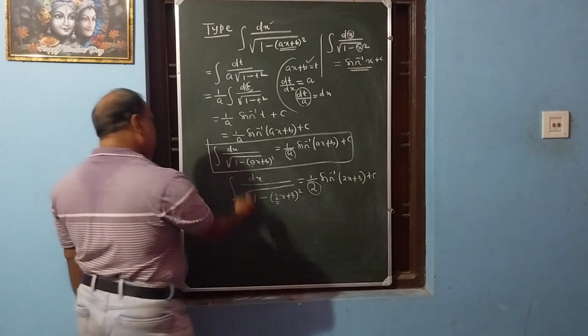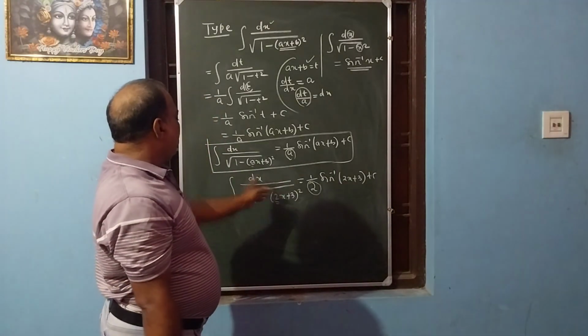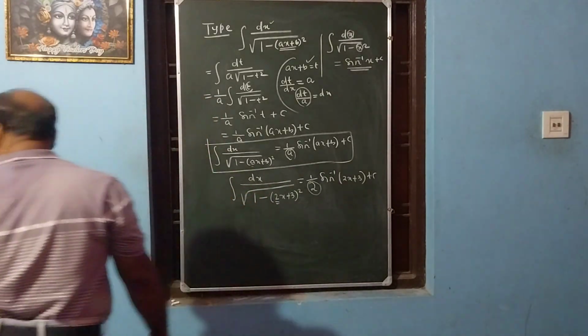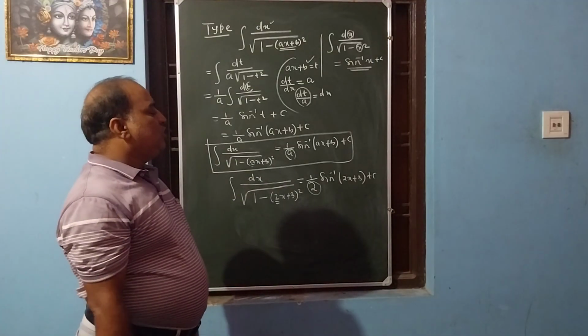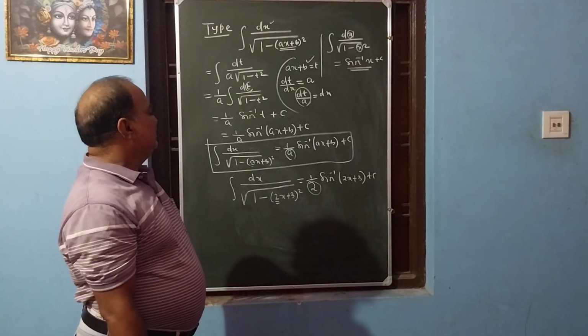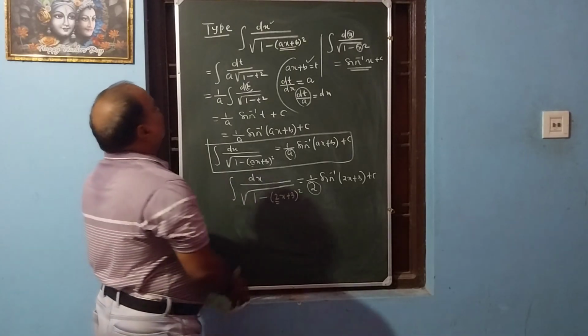So the integration of dx by root of 1 minus (2x plus 3) whole square is equal to 1 by 2 sine inverse (2x plus 3) plus c. This is one type.